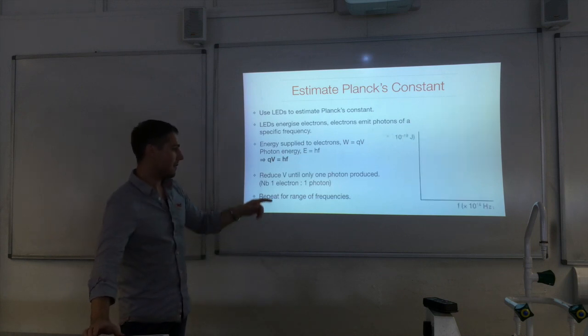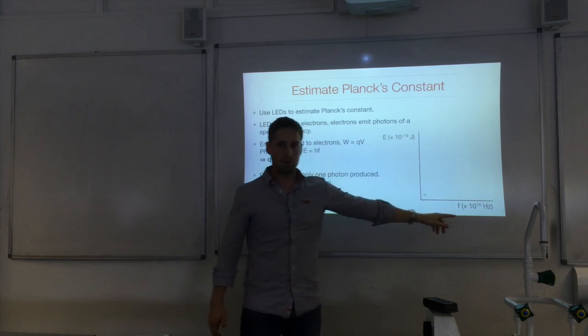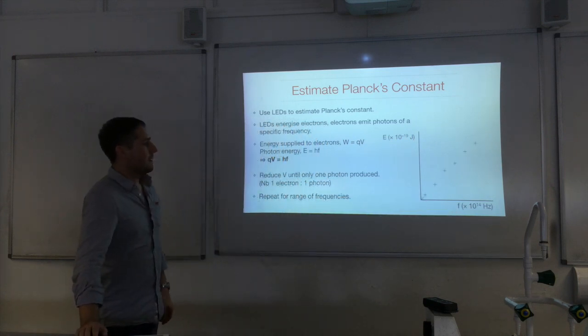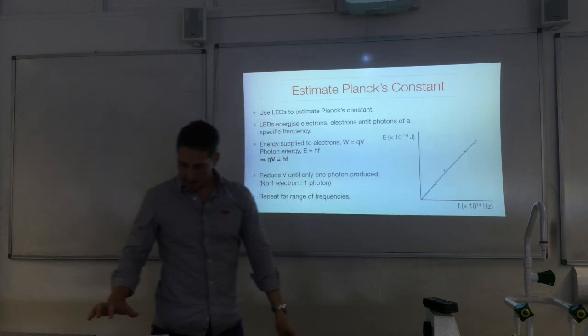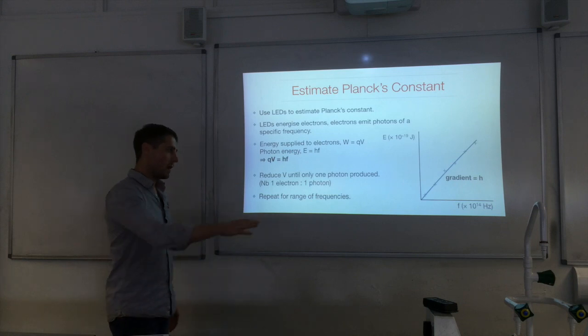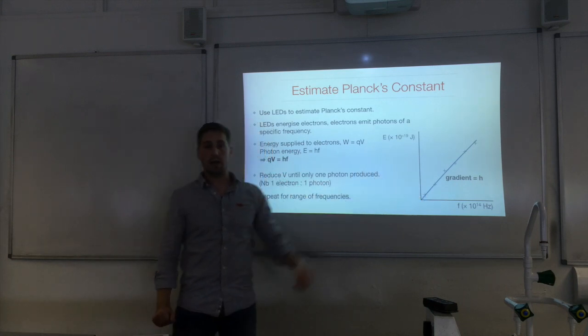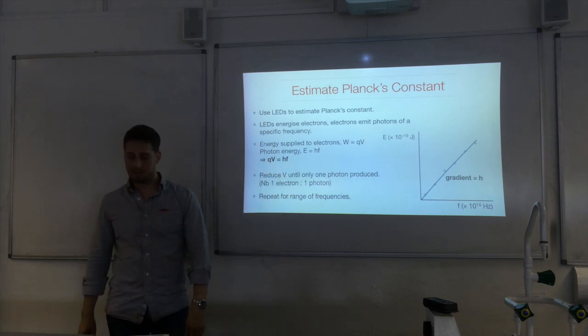So let's have a look at the graph. We'll plot energy against frequency, plot all of our points, and draw a line of best fit for our points, and the gradient of that line would be equal to Planck's constant. So that gives us a way to estimate Planck's constant using LEDs. Okay?